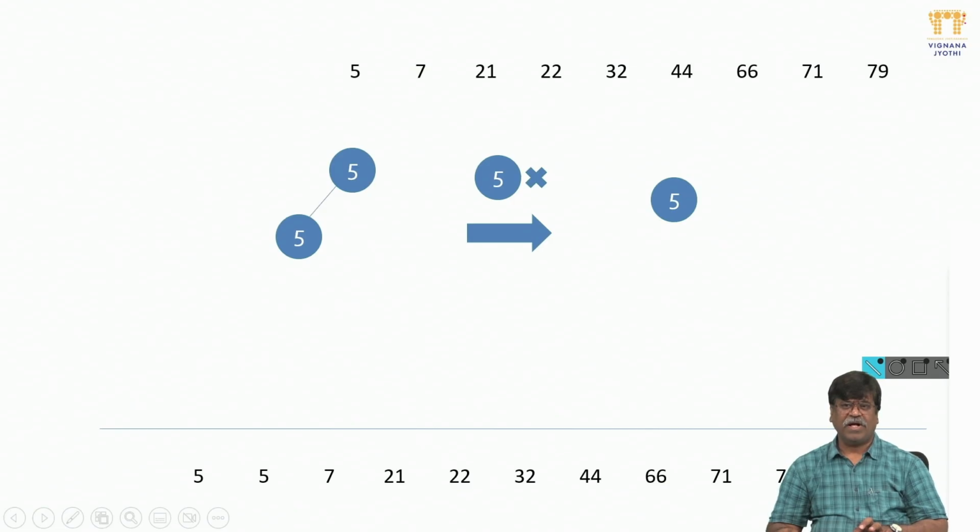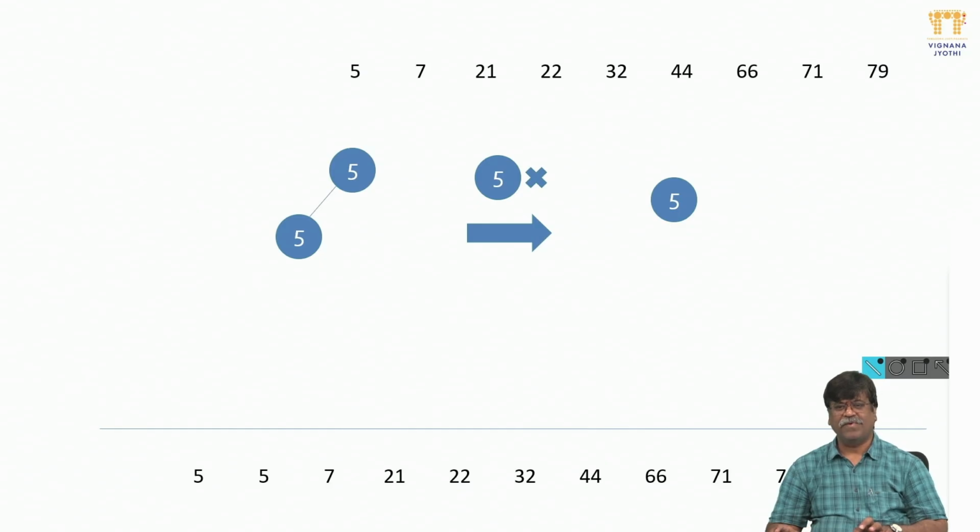Similarly we can also maintain the min heap here. What exactly the min heap property is: always you are going to keep the minimum value of root, left child and right child as root. So you are comparing the root value with the left child and right child, and finally you are identifying the minimum element among these three, and the minimum element you are going to keep in the root place.